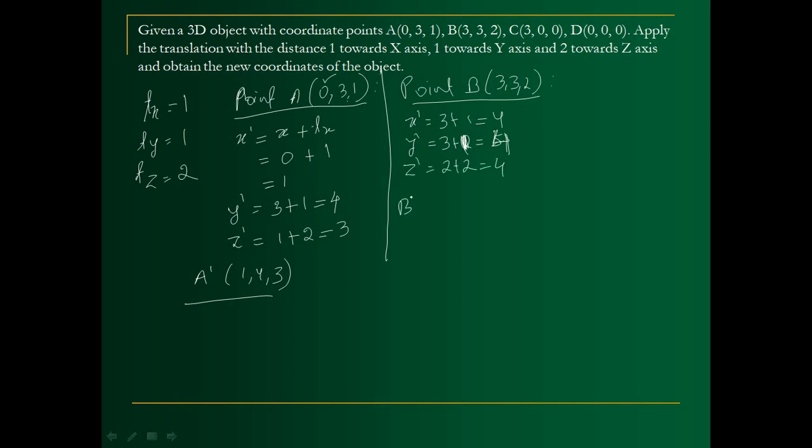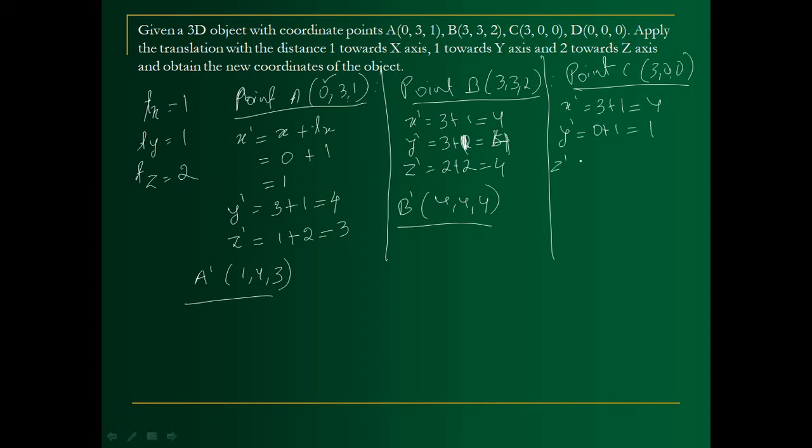So your point B dash will be (4, 4, 4). Now consider point C, (3, 0, 0). Here x dash will be 3 plus 1, which is 4. Y dash will be 0 plus 1, which is 1. And z dash will be 0 plus 2, which is 2. Now your new point C dash will be (4, 1, 2).